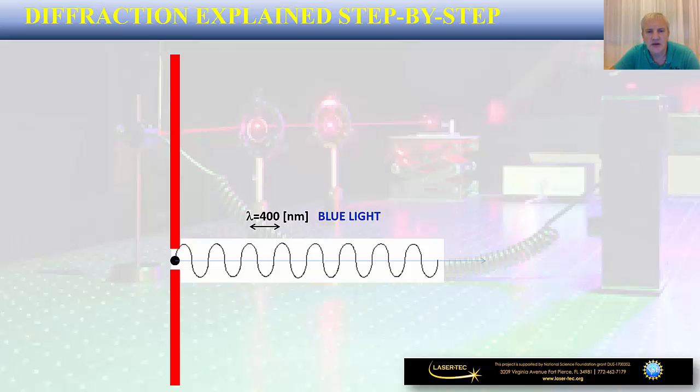Here we see specifically one of the light rays that's propagating along the horizontal axis. It has a wave behavior. In other words, the distance between the two peaks is equal to 400 nanometers, so we are dealing with blue light.